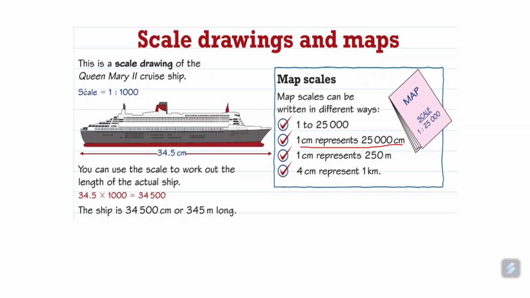So coming back, this is our scale. What this is telling us is that for every 1 centimeter you measure on paper, you multiply by 1,000 to give you the actual measurement of the ship in real life.